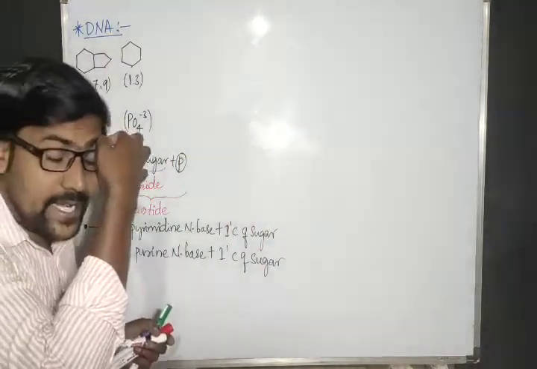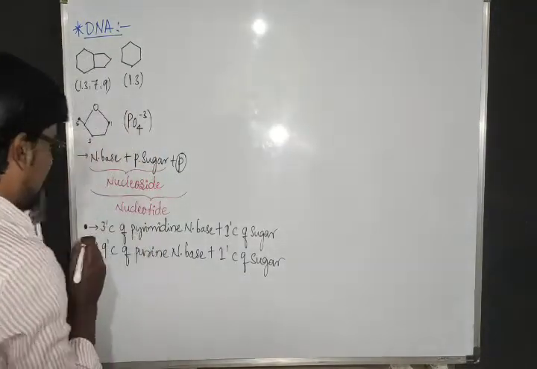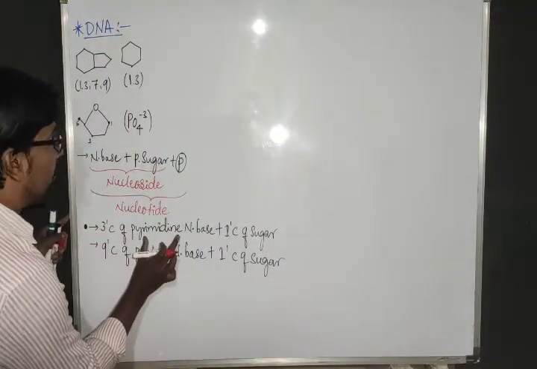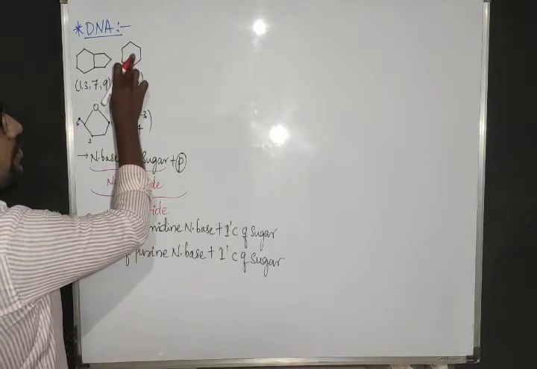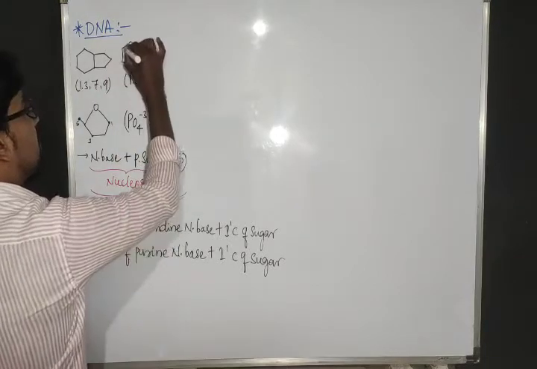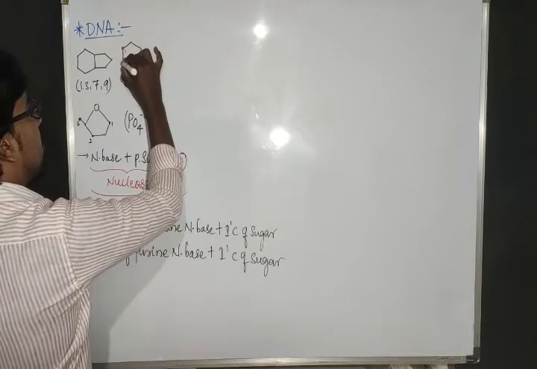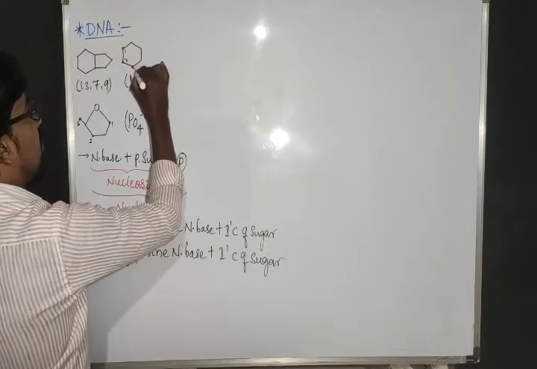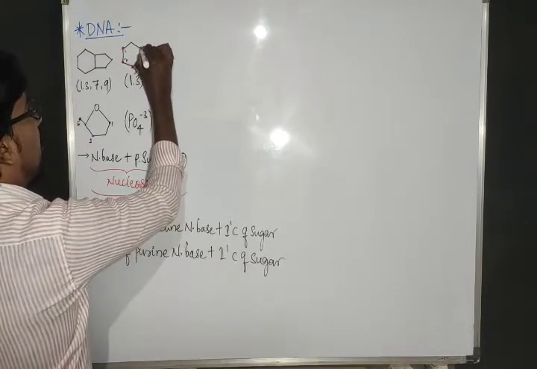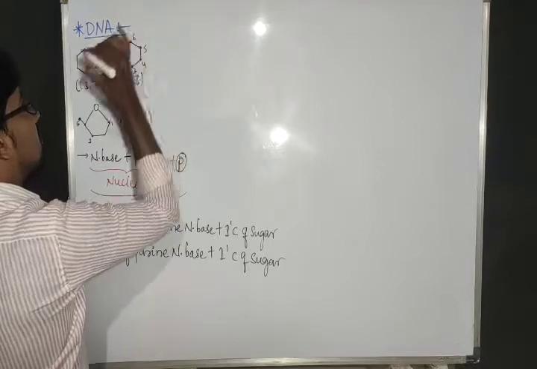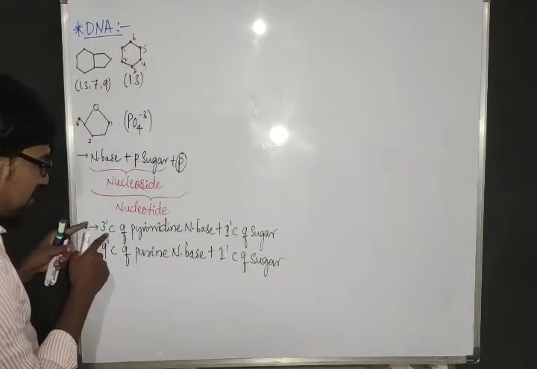Now, what does it indicate? See here. Third carbon of pyrimidine. This is the pyrimidine, okay? Third carbon. This is the first carbon, second carbon, third carbon, fourth carbon, fifth carbon, sixth carbon. Now, what is the statement here?